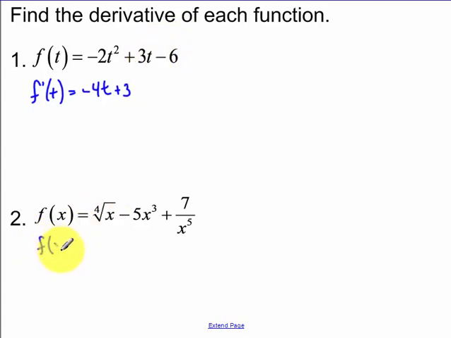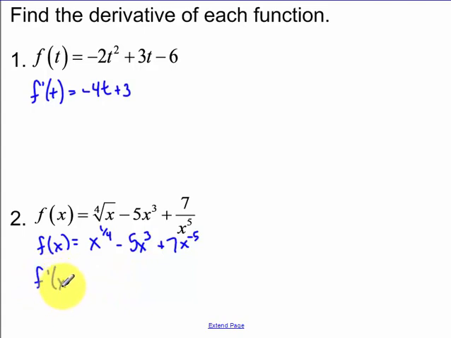For this one, what I would recommend we do is we write this to the 1/4 power, and you write any exponents that are in the denominator to the negative power.